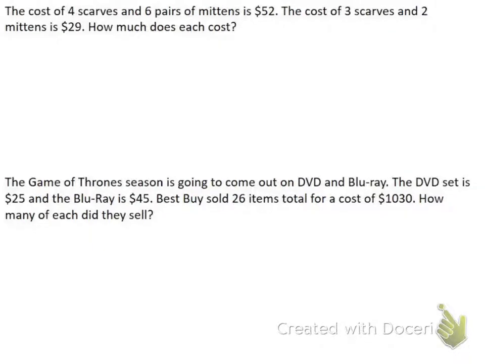I've got two more here. This one's just slightly different from the last one that we did, but still fairly similar. I've got two total amounts. This time, they're both dollar amounts. So I've got $52, and I've got $29. So my two equations, I'm going to have one equal to 52 and one equal to 29.